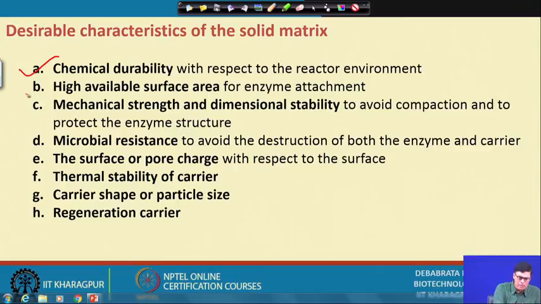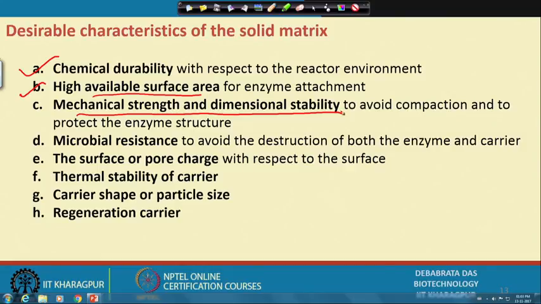Then high available surface, I already discussed just now. With more surface area, more enzyme will be entrapped, and if more enzyme is there, more it will interact with the substrate and give the product. Mechanical strength and dimensional stability are very important, because when you do the immobilization, your enzymes are immobilized in the solid matrix.